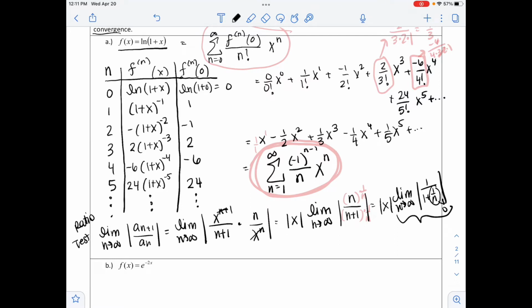And so this limit is going to converge to 1. And so we have the absolute value of x times 1, or just the absolute value of x, is less than 1. And so we can see that our radius of convergence is going to be equal to 1, and that interval would go from -1 to +1.